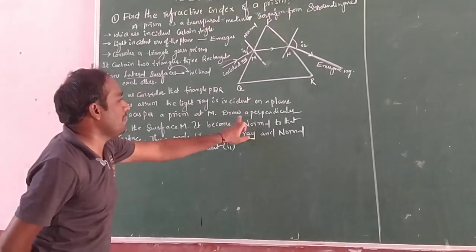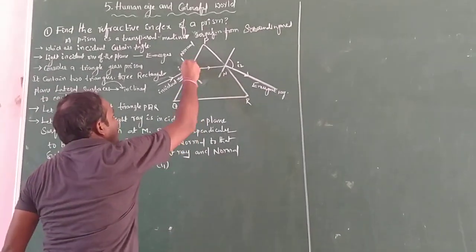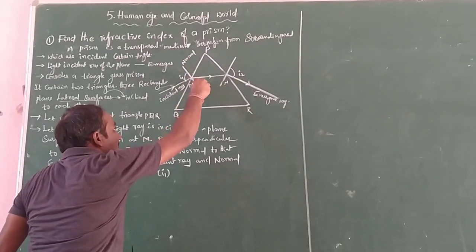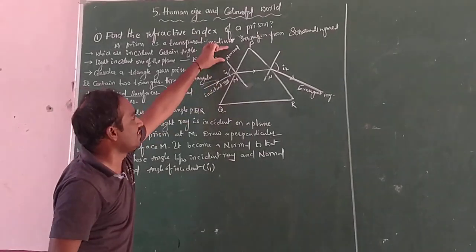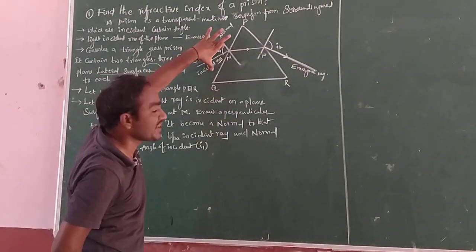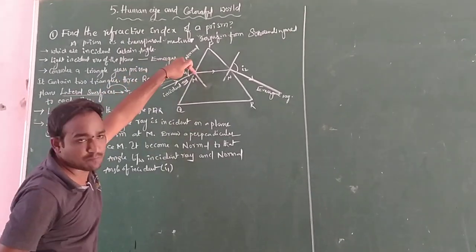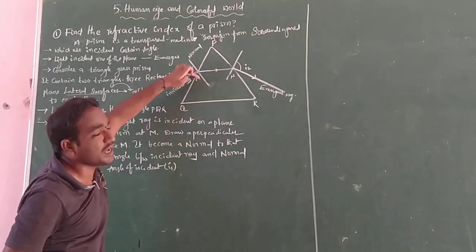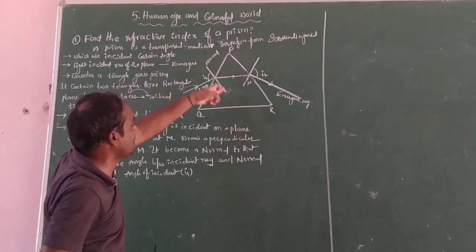From this point, we have to draw the perpendicular to the surface at M, and that is called the normal. PQ is the surface, the incident ray strikes a specific point M on the surface, and from M we draw the perpendicular line.